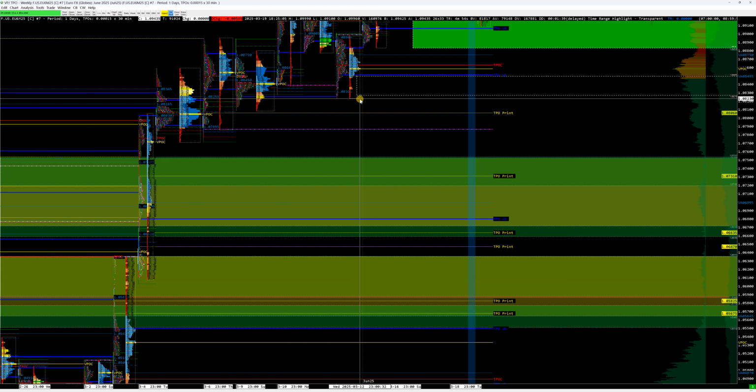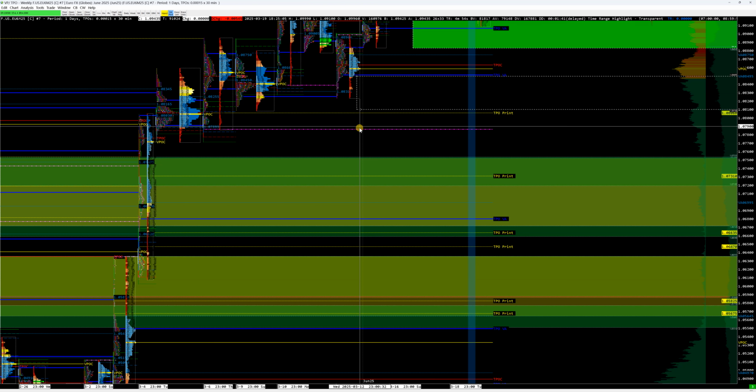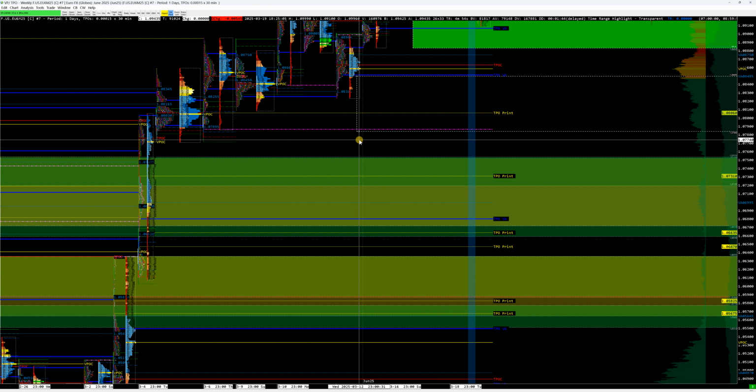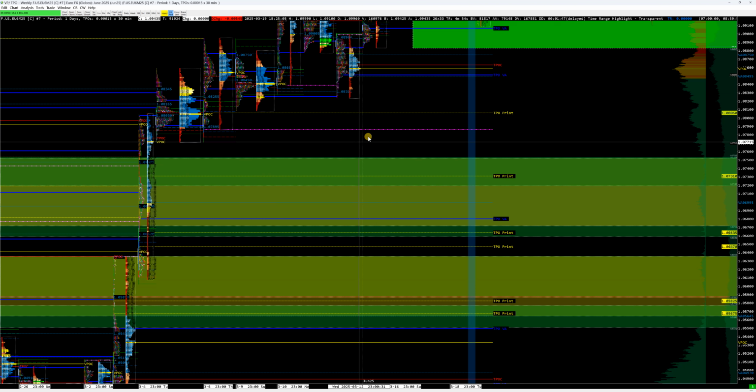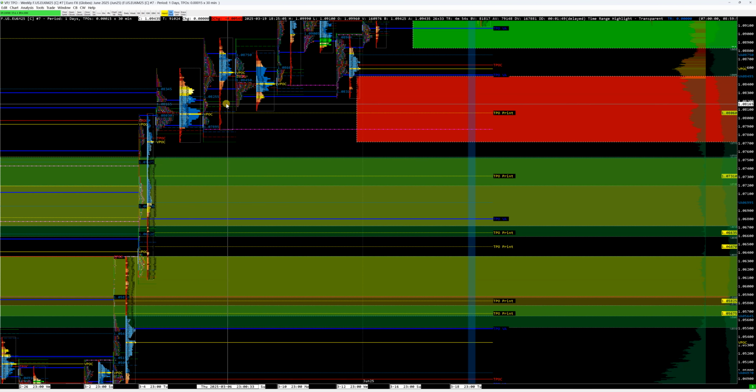In fact, I can go all the way here with unfinished business and go all the way here. So you see, I'm going back in time here, effectively. So I'm drawing this, including this whole tail and that one, and the unfinished business is in there, plus a single print. So the 108.55 is above that, just above that.